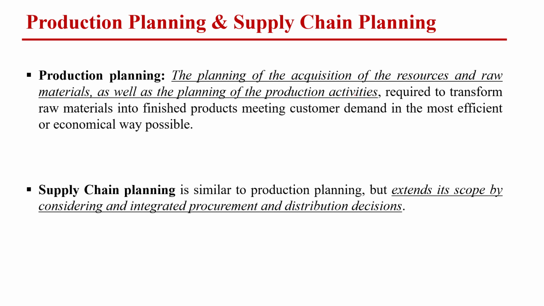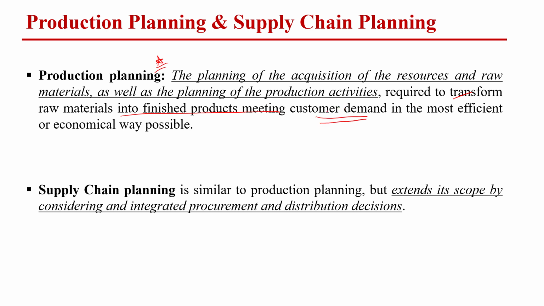In simple words, when we are transforming the raw material into the finished good, the role of production planning is that it should tell us which type of product we have to produce, how much we have to produce, and at what time we have to produce, while considering our capacity constraints, and we have to meet the customer demand.